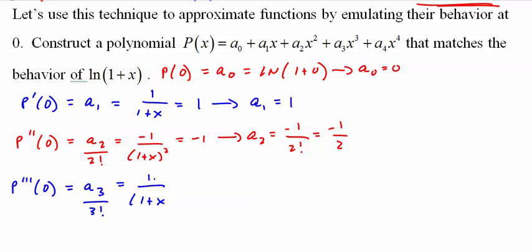We get 2 over 1 plus x to the third. Put in 0, we get 2. So a3 is 2 over 6. Something's bothering me. I guess not. Just 1/3.